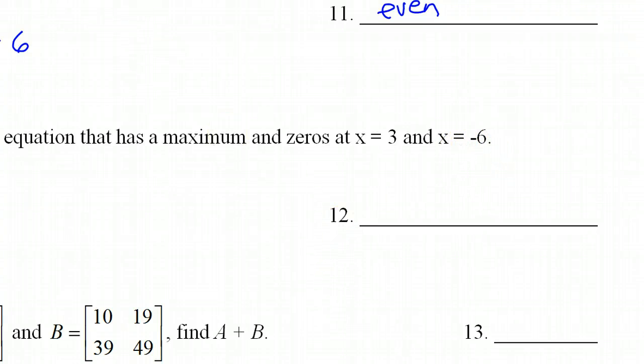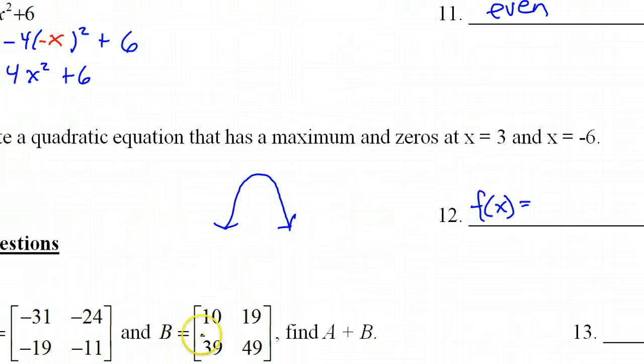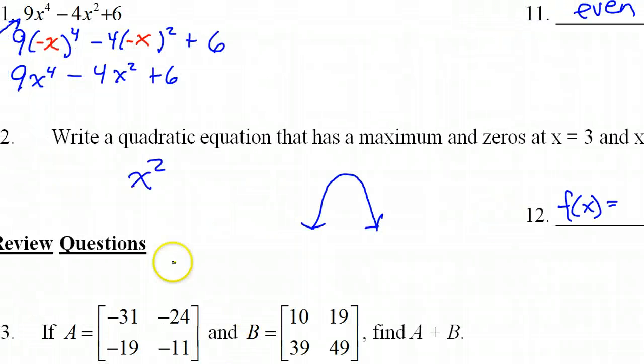Well, okay, so we need a quadratic equation, a quadratic function. If we want it to have a maximum, that means it needs to be upside down. We know quadratic means that if it were written out, it would have x squared as the highest exponent.